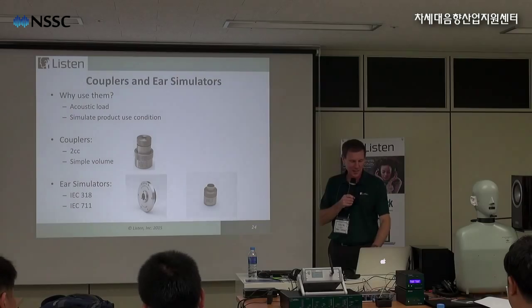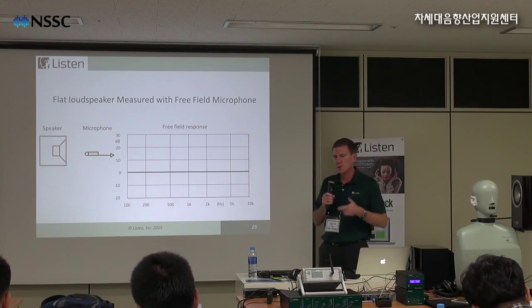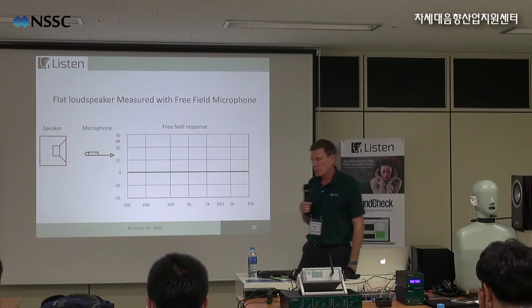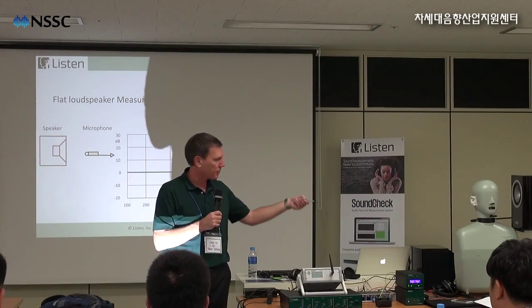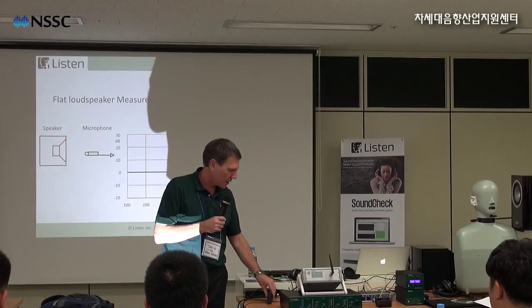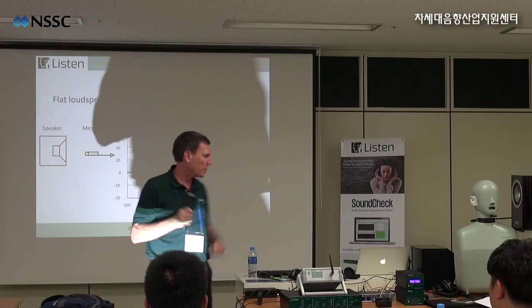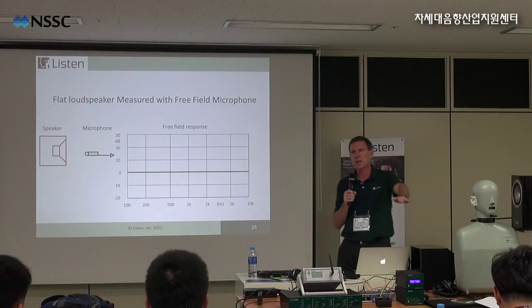I can't do it. Okay, so let's talk about the measurement setup now. So normally when we measure loudspeakers, and we're going to see this a little bit later with a Bluetooth loudspeaker, we just have a reference microphone, we have our loudspeaker, and we just place them far apart. And if it's the perfect loudspeaker, we expect it to measure flat.